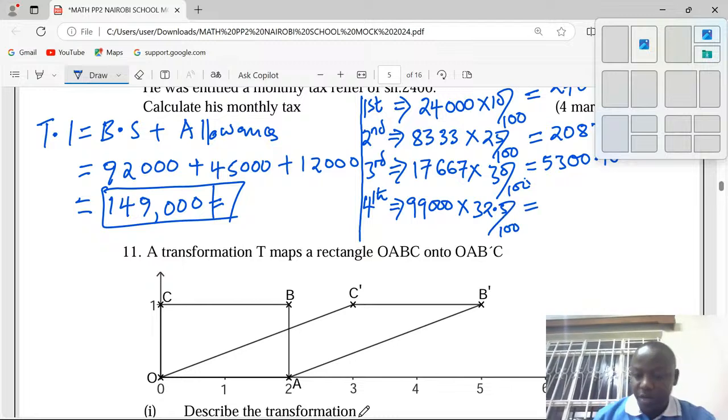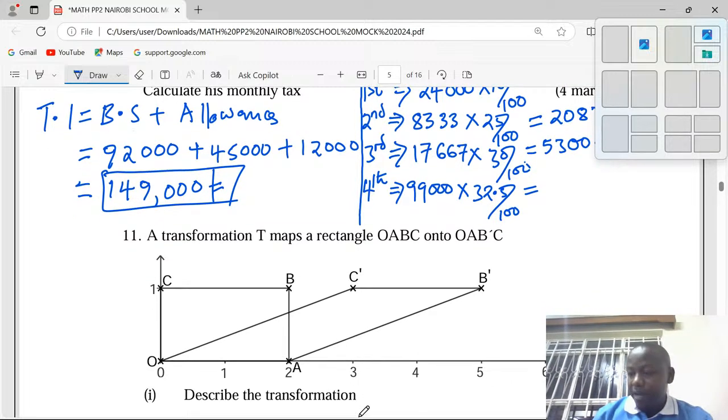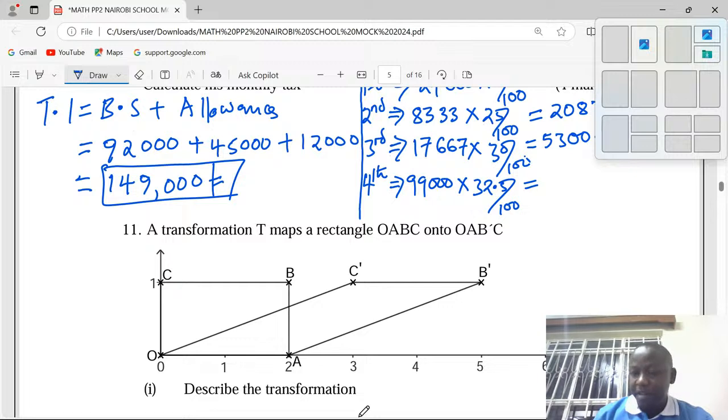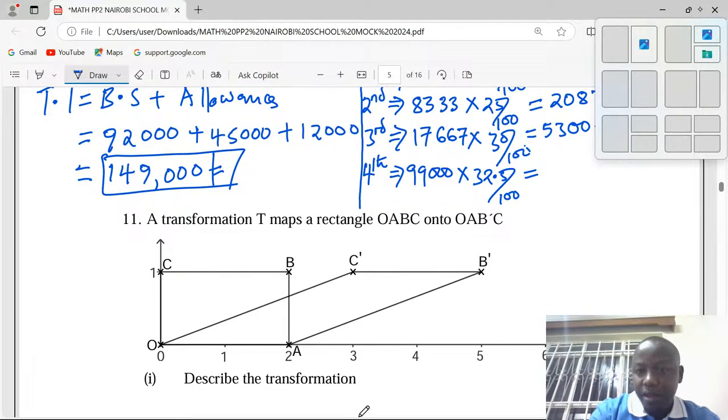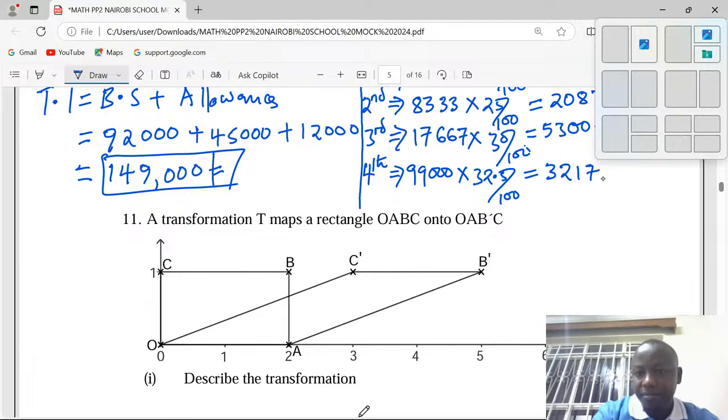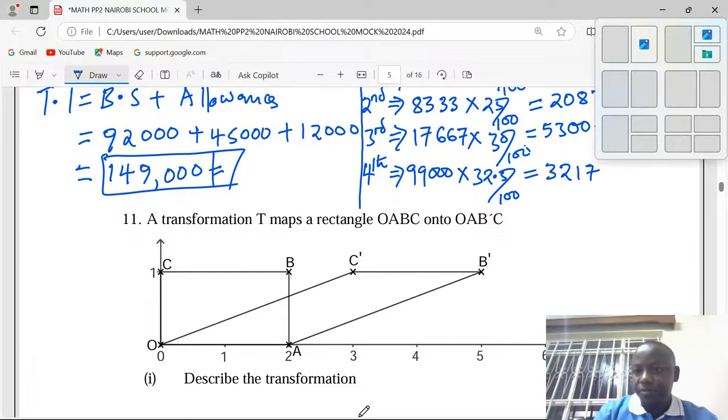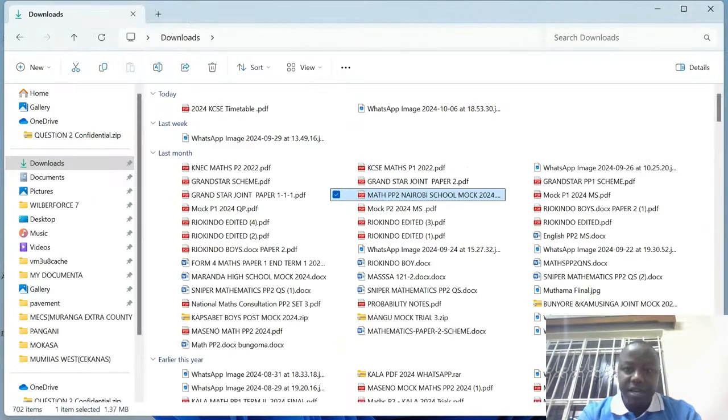This will give us tax equivalent to 32,175.